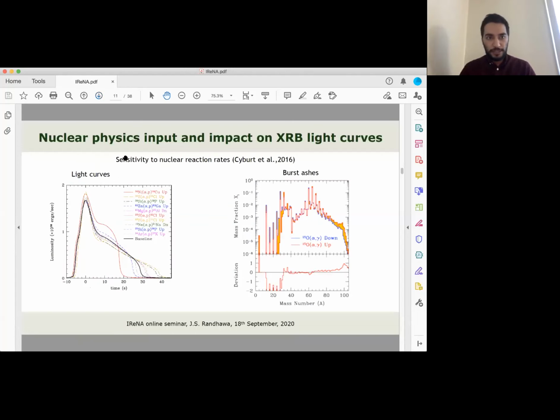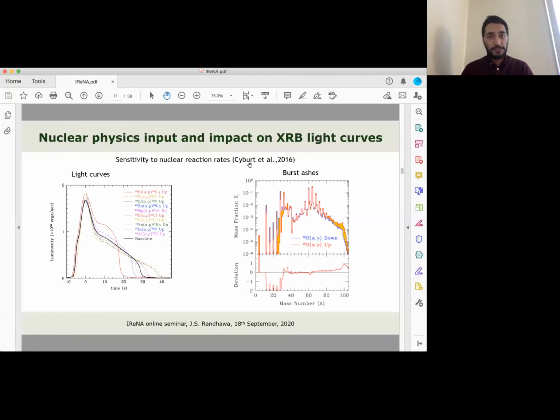Now, I will move to the nuclear physics input and its impact on the X-ray burst light curves. The sensitivity of the light curves and burst ashes to different nuclear reaction rates has been studied very thoroughly in many studies.